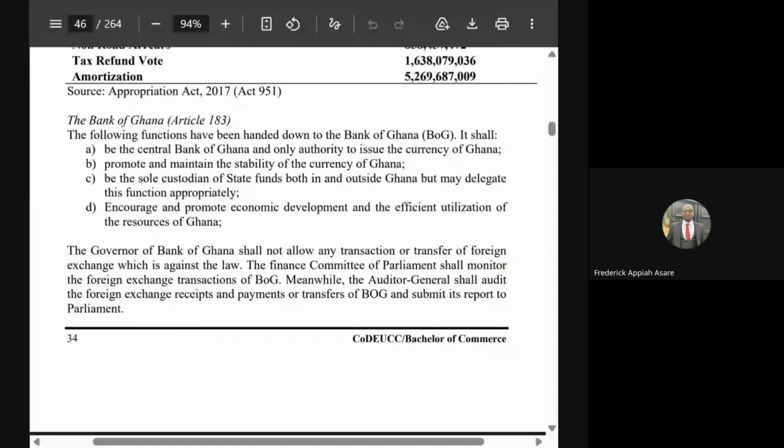Now, the Bank of Ghana, Article 183, also has given the following functions to the Bank of Ghana in relation to public funds. So, the Bank of Ghana is responsible for the following. It must be the Central Bank of Ghana and the only authority to issue currencies of Ghana.